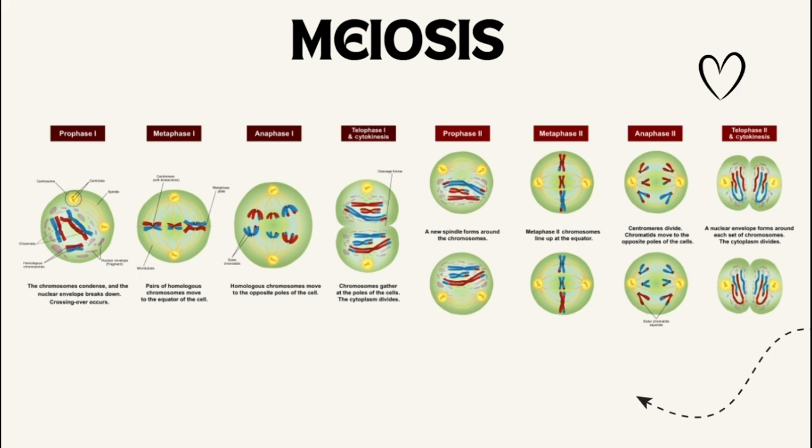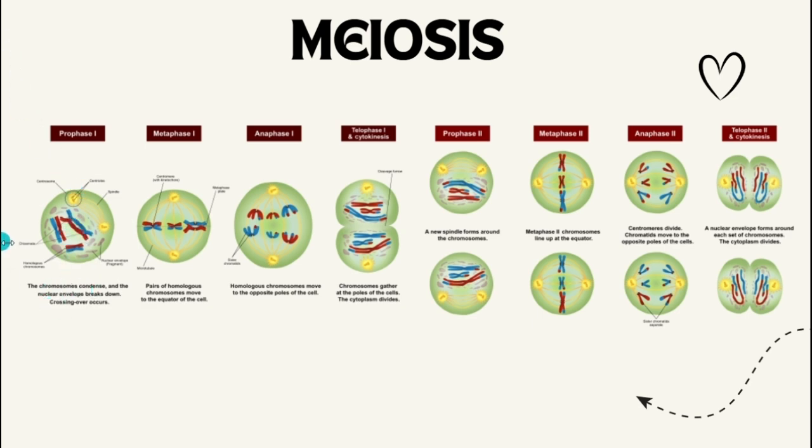So at the end of the day, we have 46 chromosomes in total, 23 from each parent. 23 and 23 make 46.